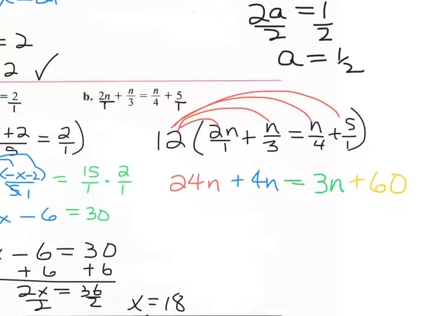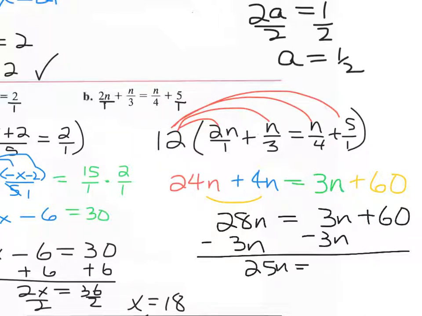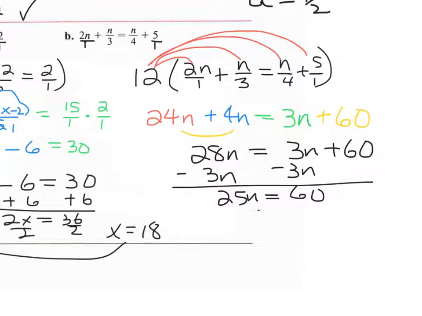So now I need to group my letters and group my numbers. So here I can add these two first. They're on the same side. So this will become 28n. And this is still 3n plus 60. And now I'll move my 3n over. 25n is equal to 60.